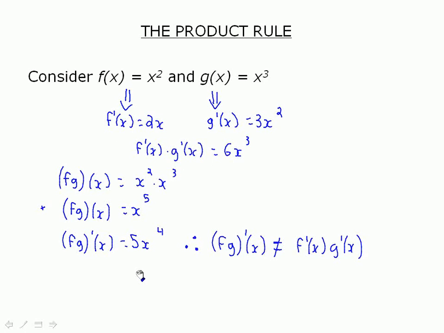If you have two polynomials or two functions, if you didn't know anything else, you could always multiply them together first and then differentiate, and you'd get the right answer. So this is the correct answer. Now that's not going to be easy for every function, so we have to develop a rule for it. And that leads us to the product rule.